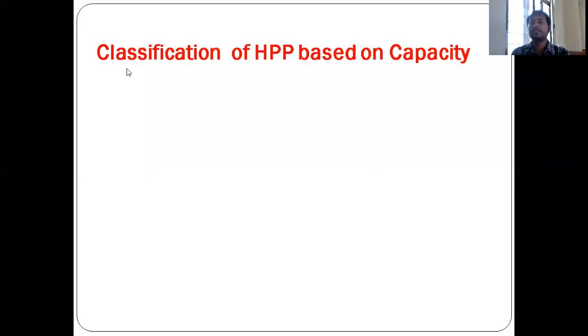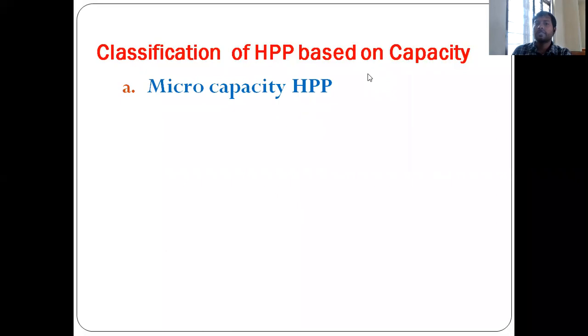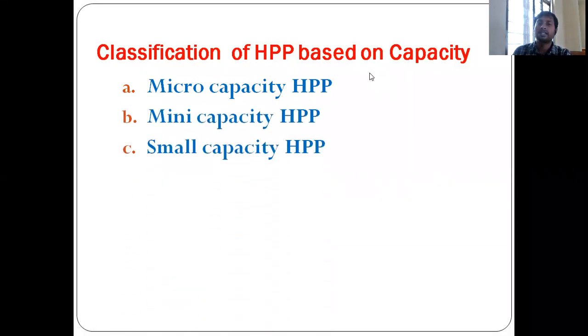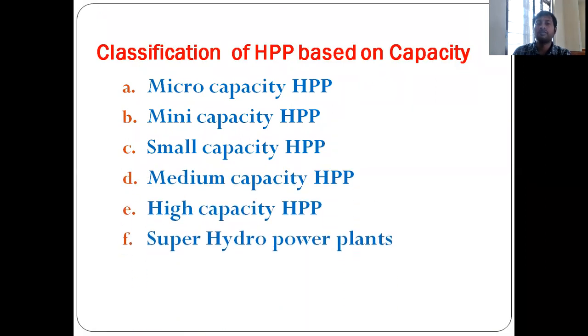Next, the classification of hydropower plants based on capacity. Capacity is the production of electricity. Based on capacity, the classifications are micro, mini, small, medium, high capacity, and super hydropower plants.